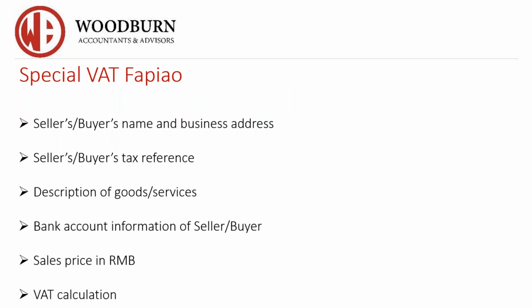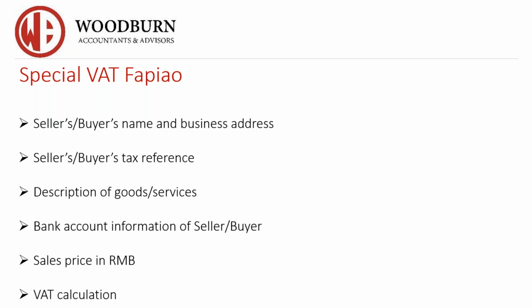Now, on the special VAT Fapiao, which is issued, like I said, by general VAT taxpayers to customers when selling commodities or services or anything that was provided in that table that I showed you.